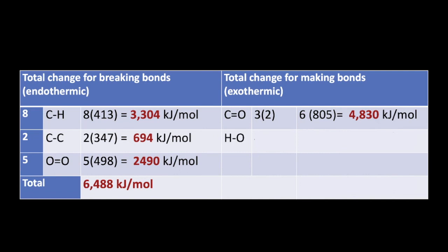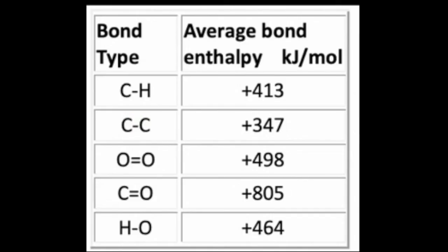For our hydrogen-oxygen single bond, we have 4 molecules, each of which has 2 copies of this. 4 times 2 equals 8, so we are going to multiply 8 times our bond enthalpy, and that will give us 3,712 kilojoules per mole. We're going to add all of these up and get a total of 8,542 kilojoules per mole.